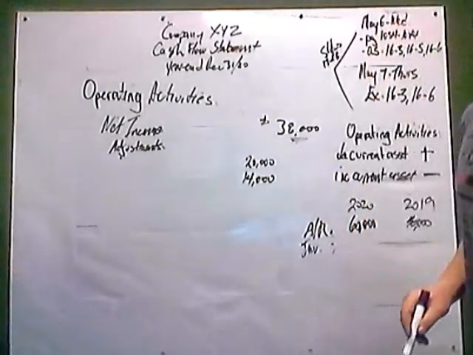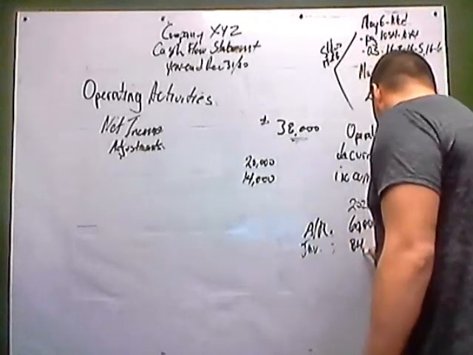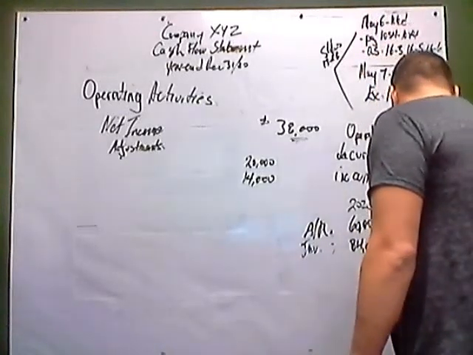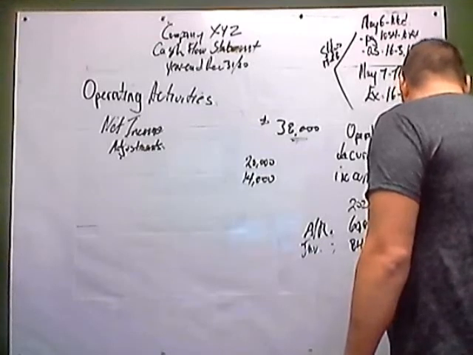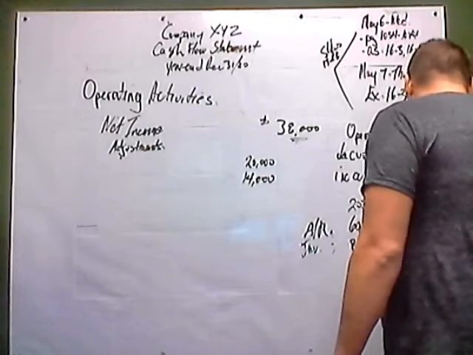And then inventory was 84, 70. Okay, sorry about that. So again, a difference of 20,000, a difference of 14,000.